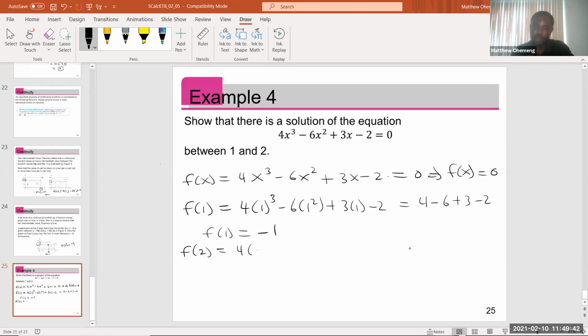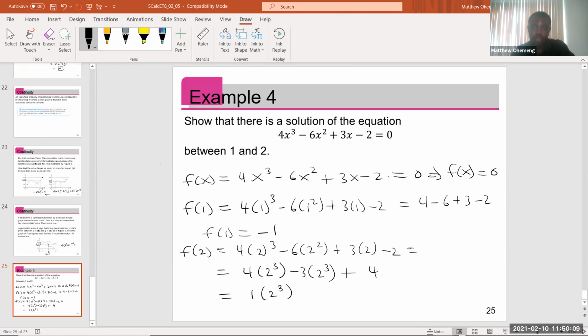So f of 2 is 4 times 2 cubed minus 6 times 2 squared plus 3 times 2 and then minus 2. Maybe I can do some quick math here. 4 times 2 cubed, minus 3 times 2 squared, and then plus 3 times 2 is 6, minus 2, that's 4. So this will give me 4 minus 3 is 1, times 2 cubed, plus 4. So that's going to be 8 plus 4, which is 12.